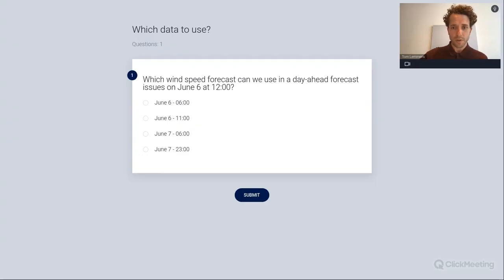I'm going to publish a survey now. And if all goes well, you should now see this and you should be able to vote. And it's indeed working, because I see votes coming in. I'll give you, I don't know, 10 seconds.